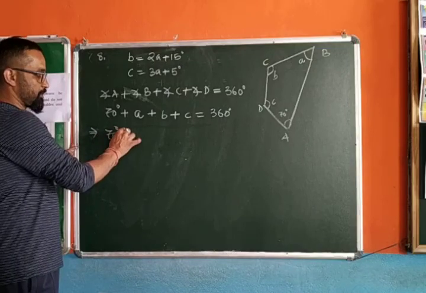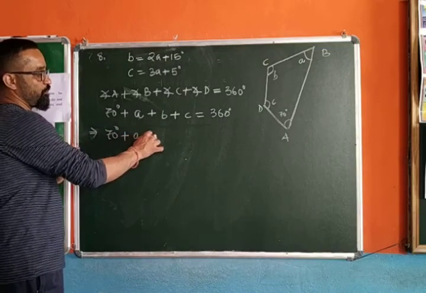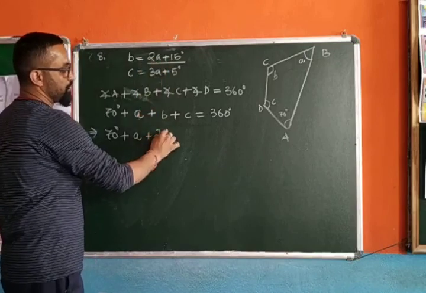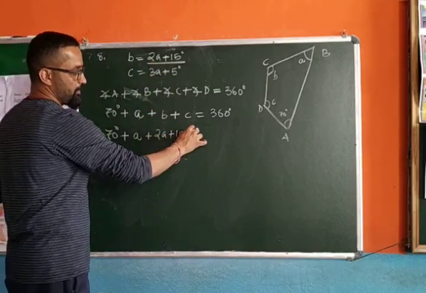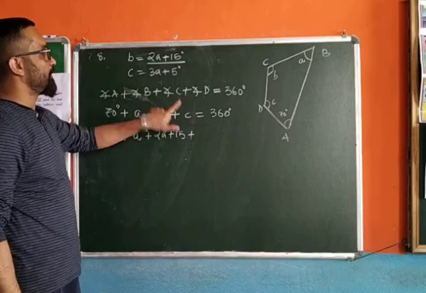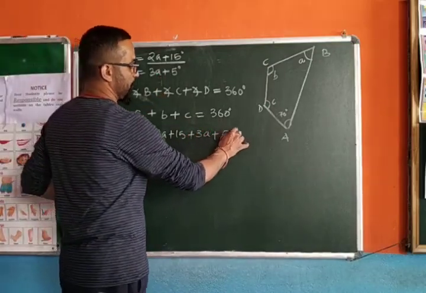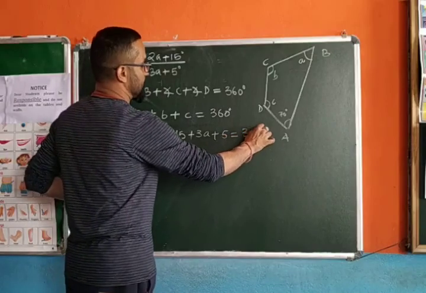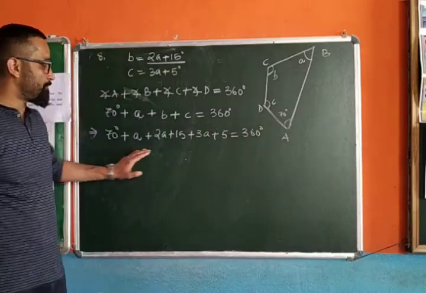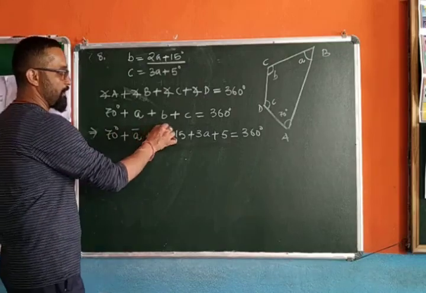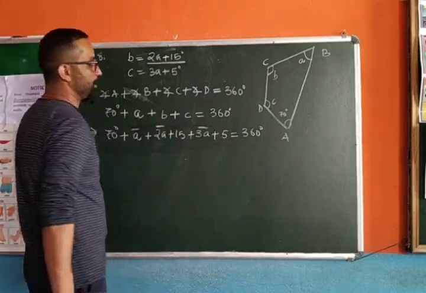70 plus A is kept as it is. We know the value of B. B is 2A plus 15. Similarly, we know C in terms of A. 3A plus 5 equals 360 degrees. Now if you look at this equation, you have only one unknown variable A: A, 2A and 3A.